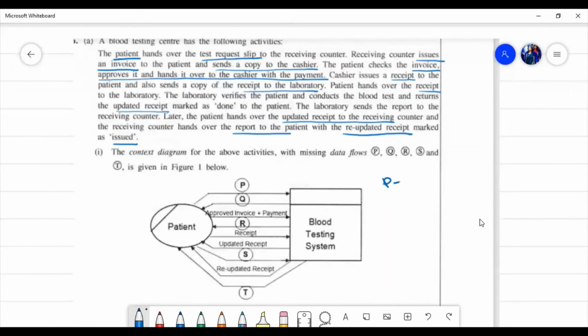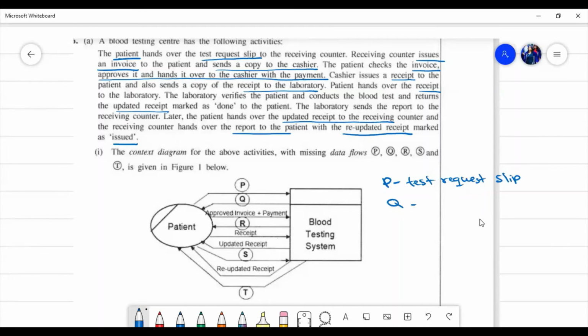P: the patient hands over the test request slip. So P is the test request slip, and we can write that. After this we have Q: the receiving counter issues an invoice.